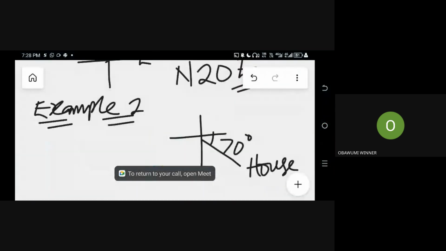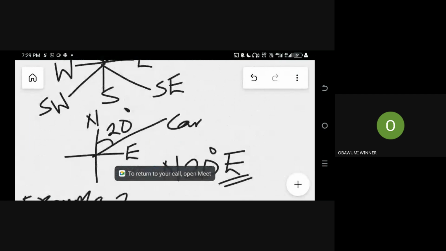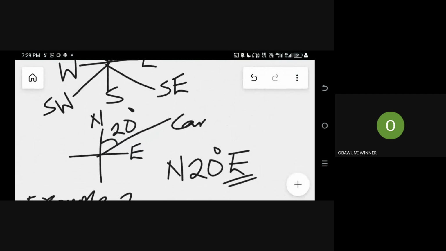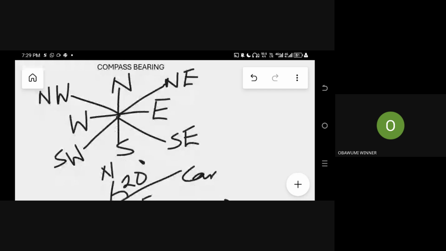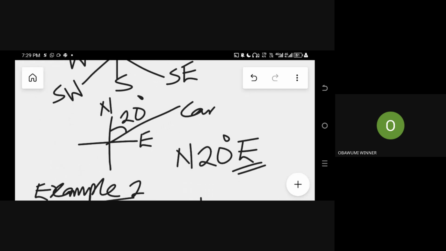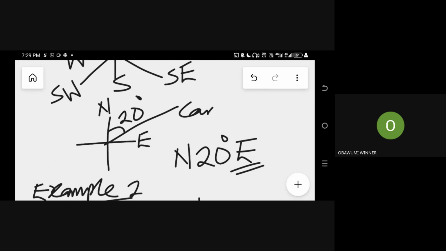Okay. So for example one, we say that we had a car parked somewhere, and that is the illustration of the position of the car. If you now ask, what is the compass bearing of this car? Remember, what we're doing now is compass bearing, where bearings are measured northwards or southwards.